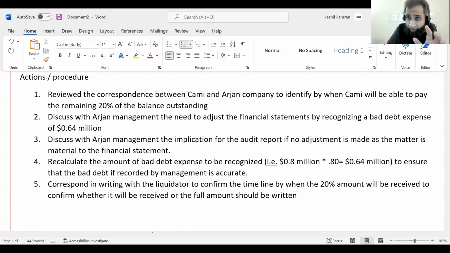If you're not receiving 20%, then I should write off the 0.8 million, not the 0.64 million, or the full amount should be written off, full stop.